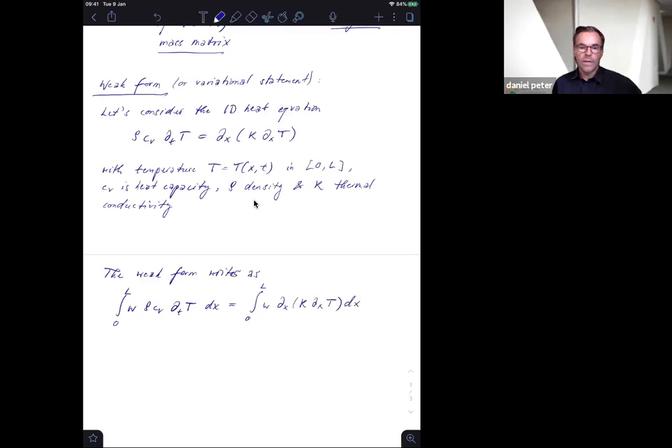Good, in principle that is already the weak form, but you see the right-hand side, we like to rewrite this part.